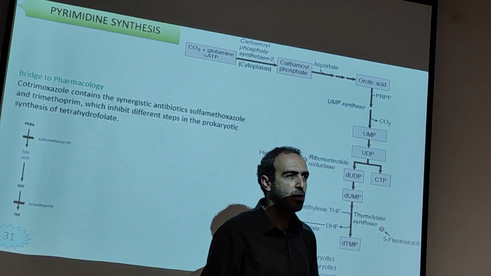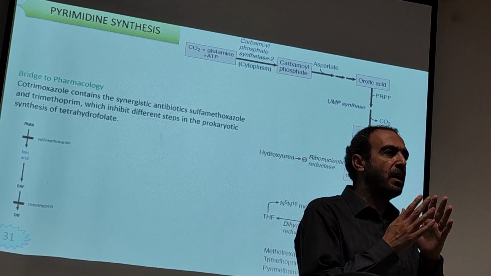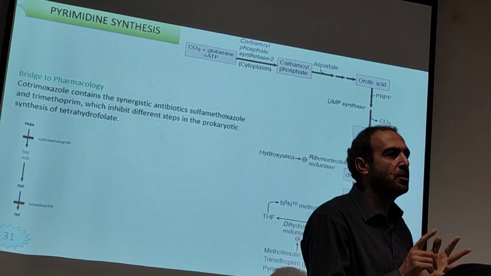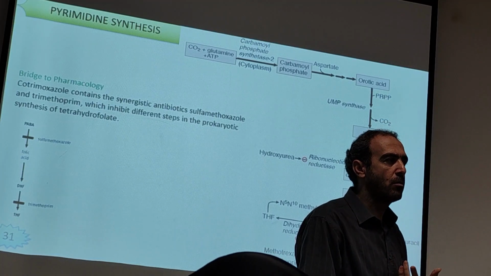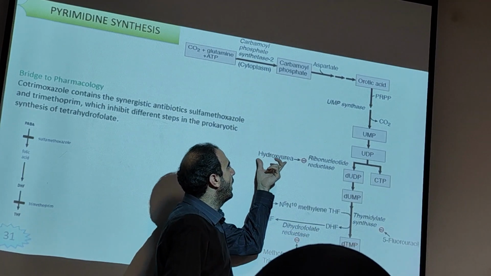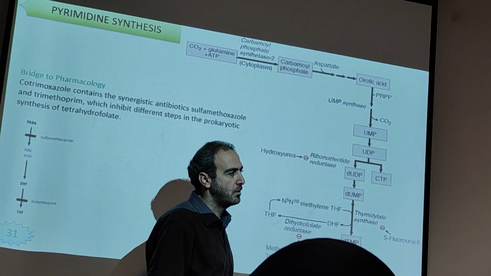It was a question. Ribonucleotide reductase has an effect on which of these molecules? AMP, GTP, GMP, GDP. For the diphosphate form. And hydroxyurea is the inhibitor of ribonucleotide reductase.